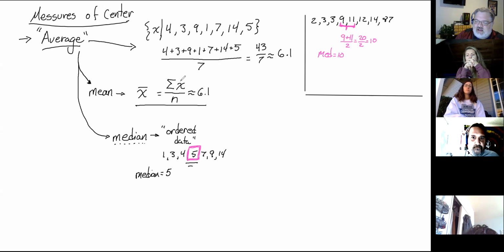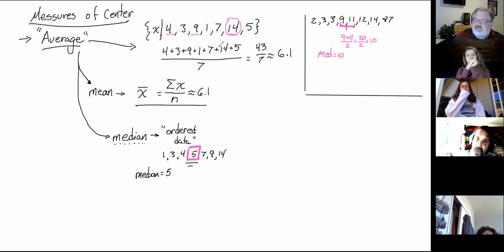Because the mean has us add up the values, the particular values up here matter a lot. Particularly notice here, this 14. That 14 was quite a bit higher than most of these. Okay, it was fairly close to the 9, but really that 14 was quite a bit higher than most of these other numbers.